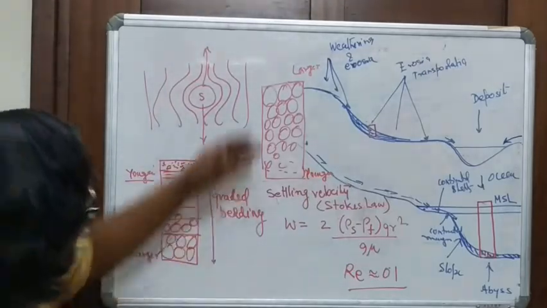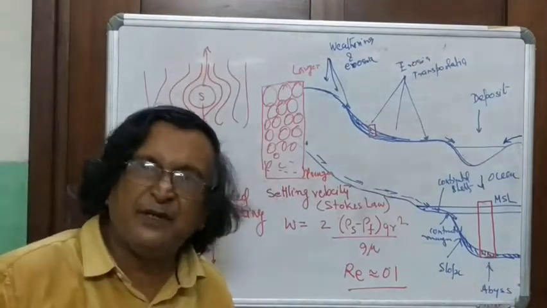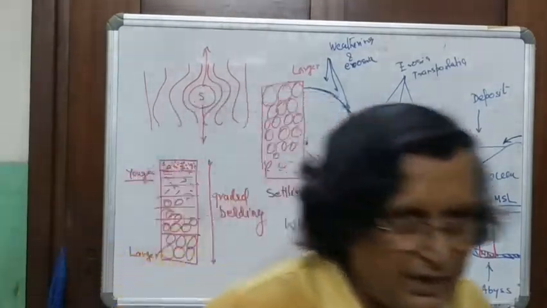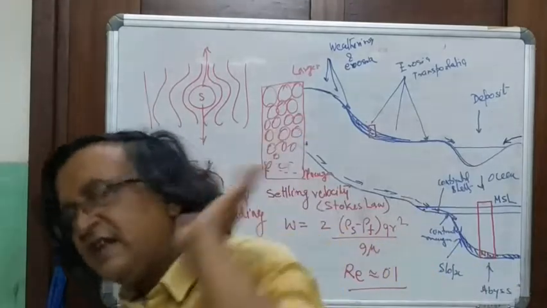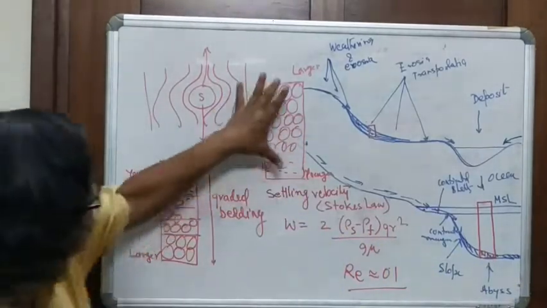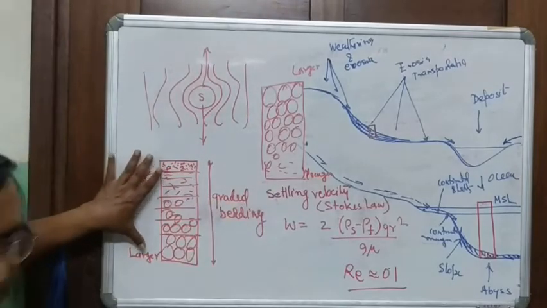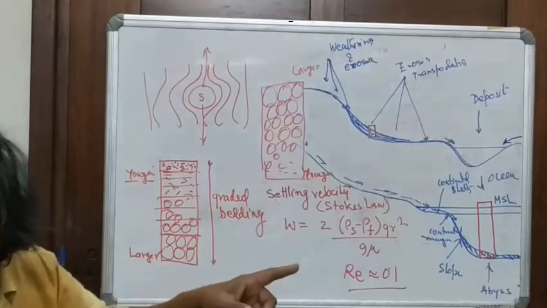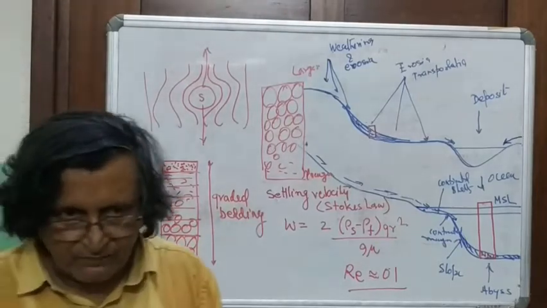By a natural process, this cannot happen. In other words, this geologic section is inverted. How inversion takes place, we will talk about later on. But this is an inverted section. This is not a normal section. This section is a normal section, where the younger sediments are at the top and the older sediments are at the bottom.